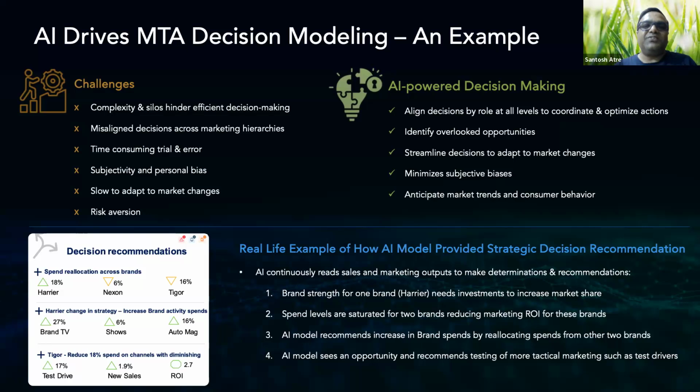So these kinds of decisions can be provided at a campaign level, at a channel level, at a category of spend level, and at an overall brand or company level. So this is how AI can bring all the aspects of marketing together, simplify decision making, and make sure that the decisions are aligned across the marketing hierarchy.